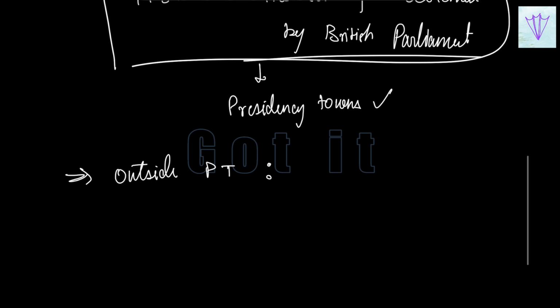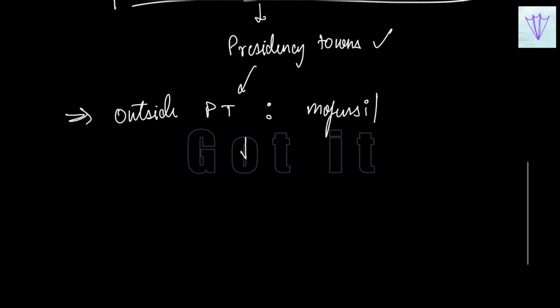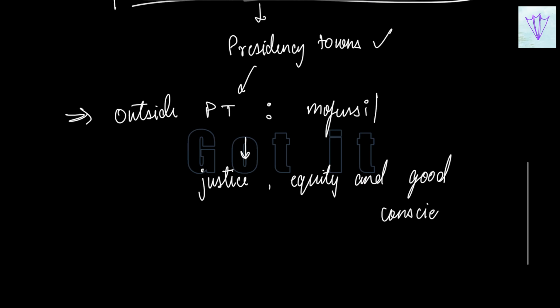Outside the presidency towns, they were called the mofusils, and they were working on the basis of justice, equity, and good conscience.